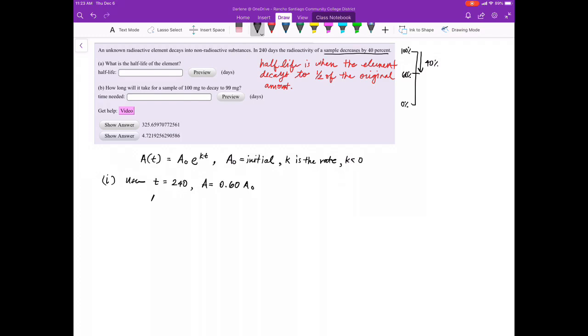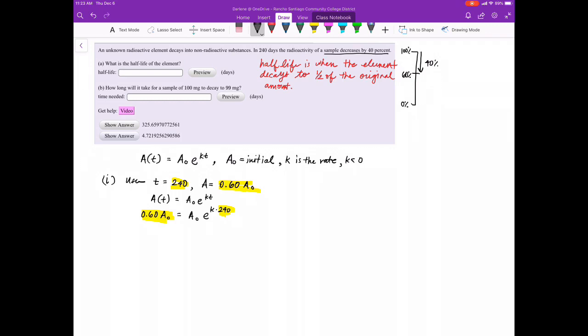So putting this into A of t equals A sub 0 e to the kt, notice that A will be 0.60 A sub 0, which equals A sub 0 e to the k times 240. So here's 240, and the A is where we put 0.6 times A sub 0.